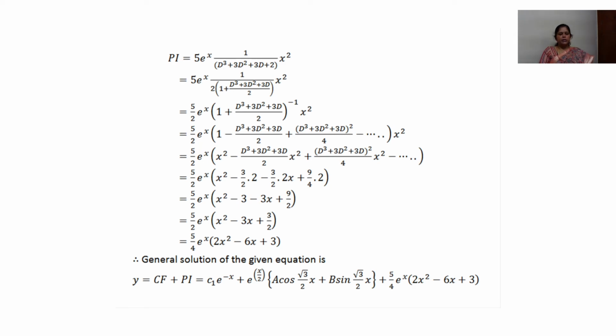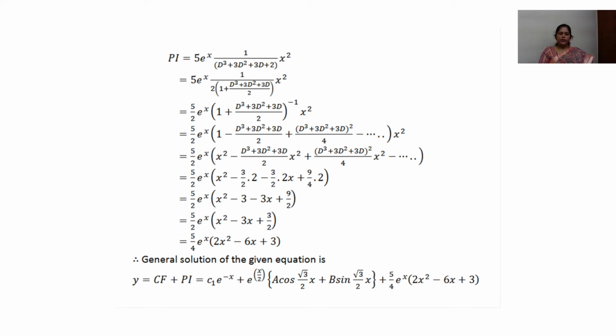So what we are getting in the next step: 5 by 2 into e to the power x into 1 minus D cube plus 3D square plus 3D divided by 2, that is, in the place of x we are substituting all these values, plus x square by 4 minus etc., into x square. So here the algebraic function, that is the polynomial function, is only x square.